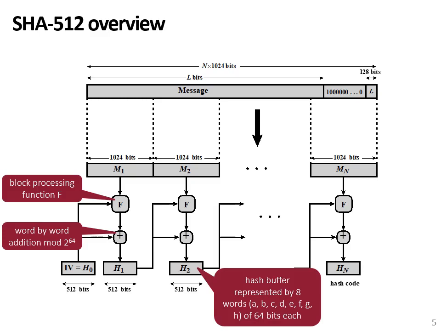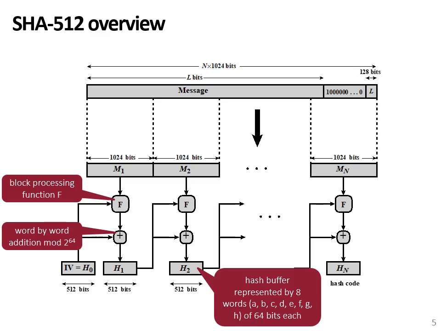Subsequently, each of the blocks M1 to Mn is processed sequentially. Starting with the first block, it is processed by the block function f. Subsequently, it is added to the initialization vector h0, which is a constant value. This produces the first output block, h1 of 512 bits. This block is then used as input to process the second input block M2 to produce H2.